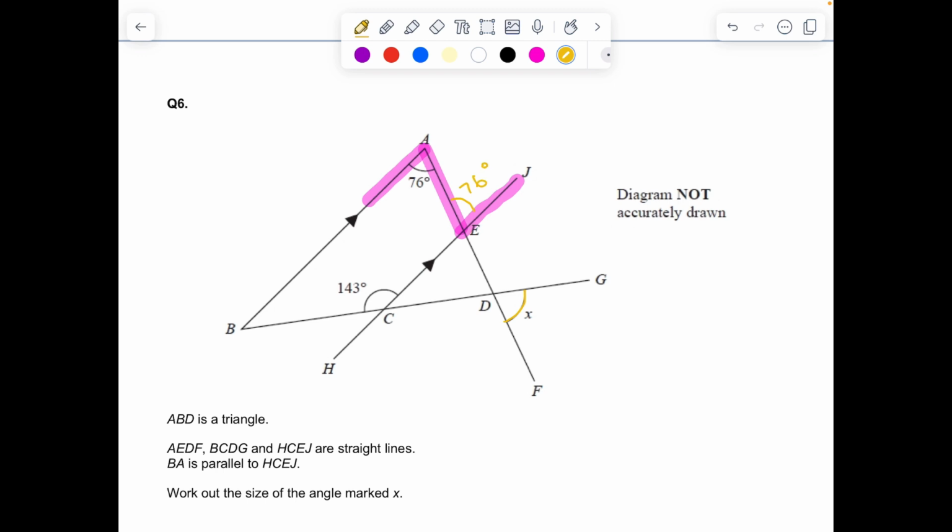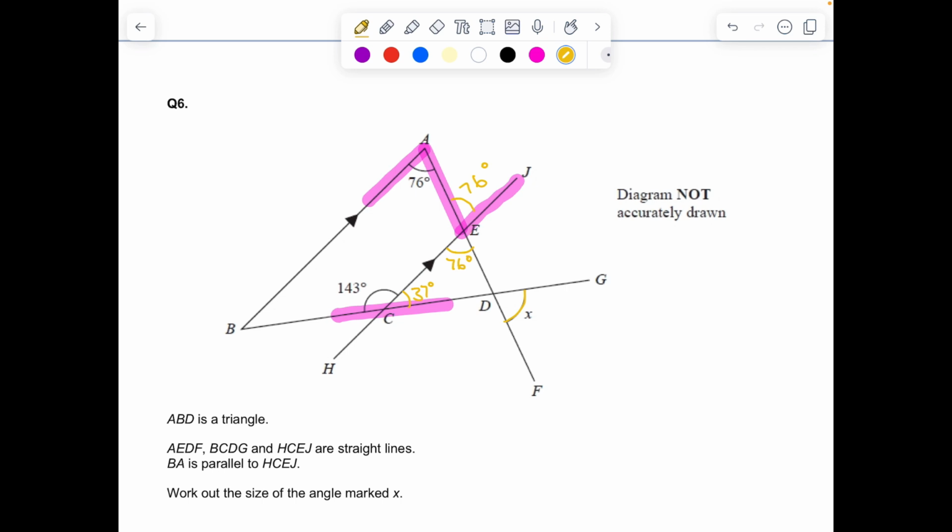Then we know that opposite angles are equal, so that is also 76 degrees. Okay, so we've got those two now. And then I can see that angles on a straight line add up to 180 degrees. So in order to find this angle here, I'm going to do 180, take away 143, which gives me 37. Okay, so I've got those angles.